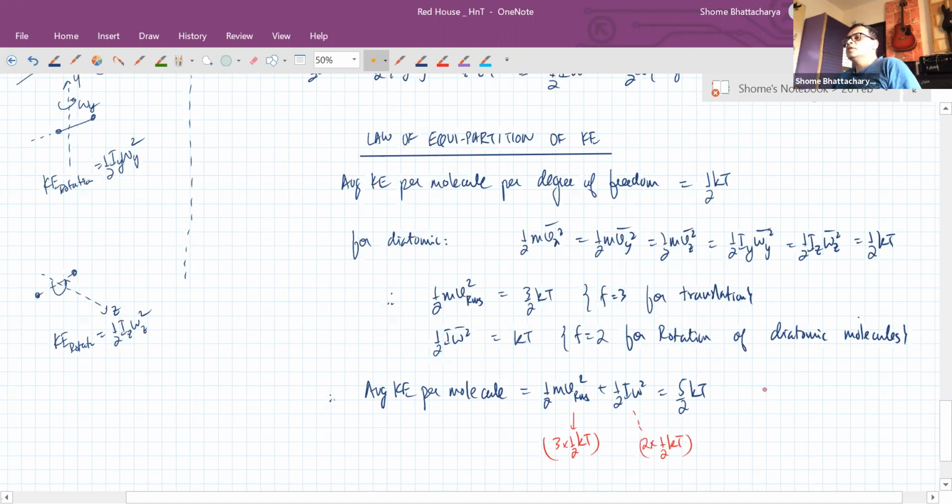So the total degrees of freedom is 5. That is 3 translational plus 2 rotational.